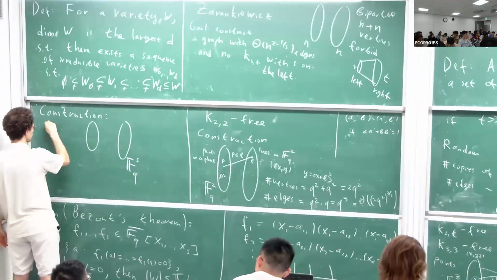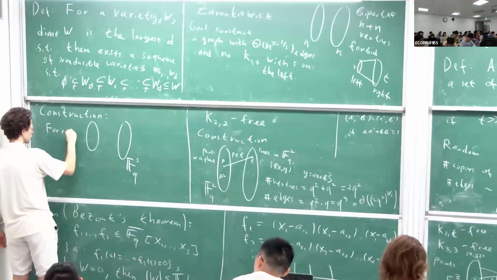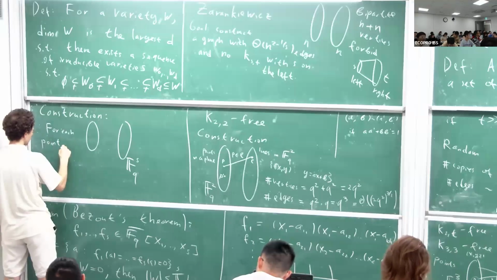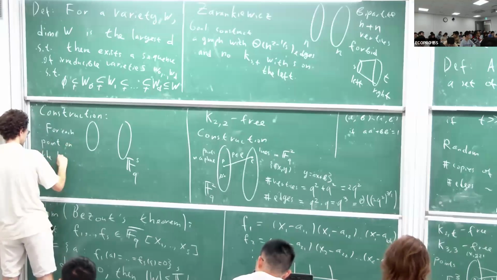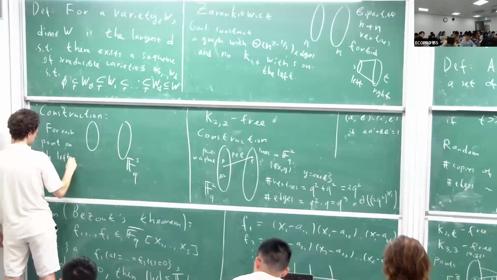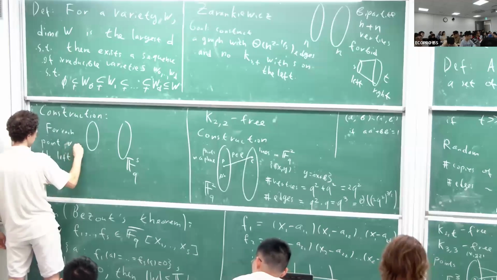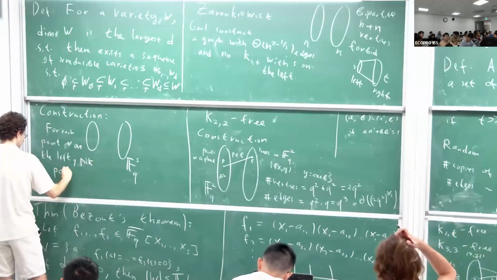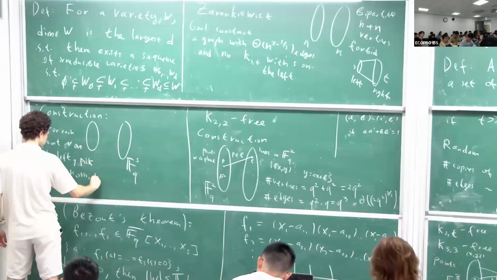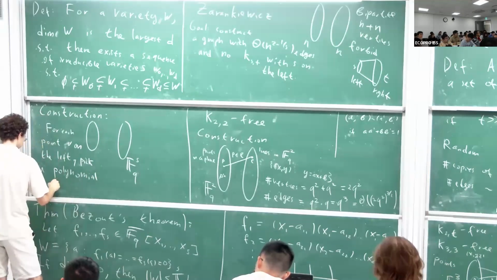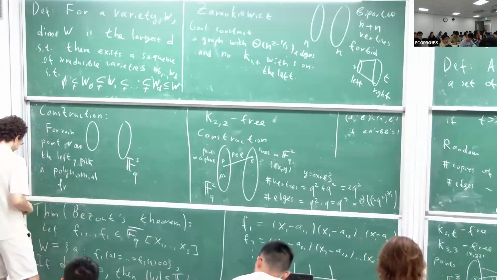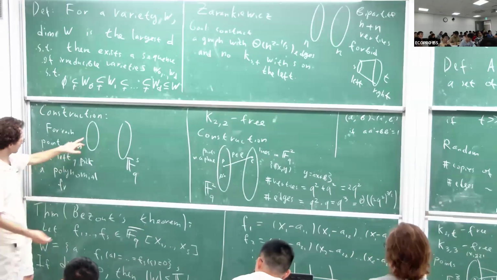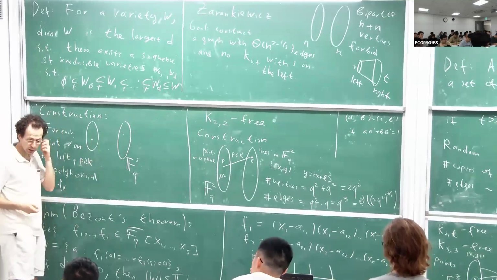For each point v on the left, we're going to pick a polynomial f_v, and we're going to define edges using that polynomial.